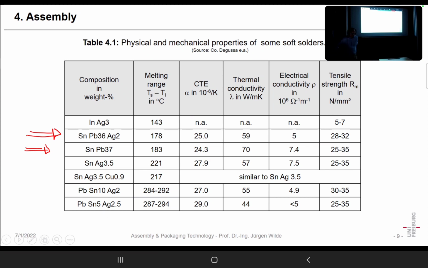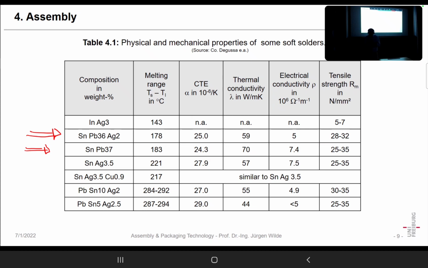On the other hand, we have the need for solders which have a high melting point. The reason is that inside a package, we must have a higher melting point than on the pins on the outside.